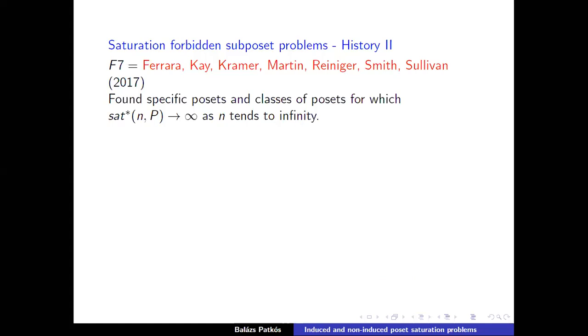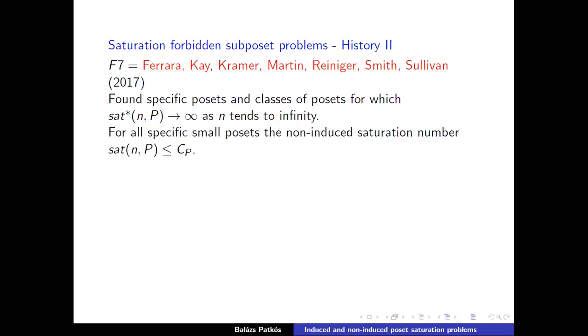They considered only the induced saturation problem for specific posets and some nice classes of posets, and they found that, as opposed to the k chain, they tend to infinity as the ground set is increased. This was the major part of their work, but for all the posets they considered, they always noted that the non-induced saturation version is trivially bounded by a constant that is independent of the size of the ground set.